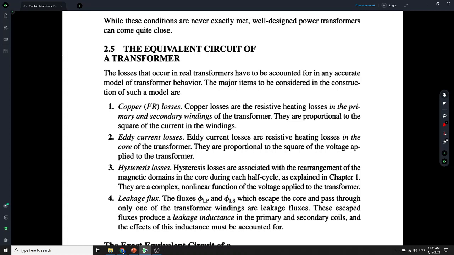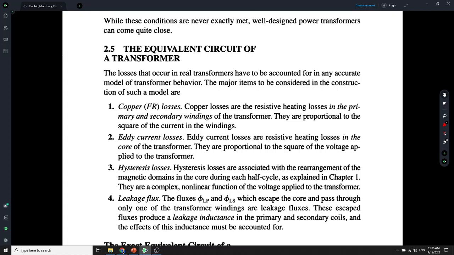Okay, so let's continue our transformer class. Now we are into the equivalent circuit of the transformer. I think last week we covered the transformer losses. The losses must be considered in order to generate the equivalent circuit of the transformer.